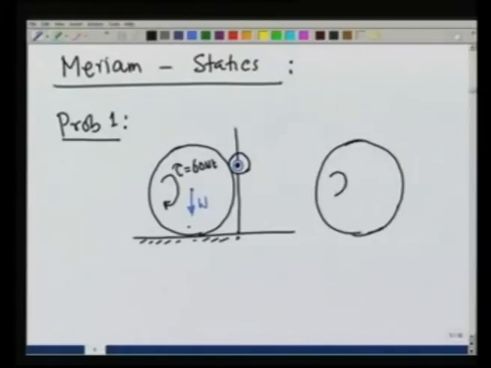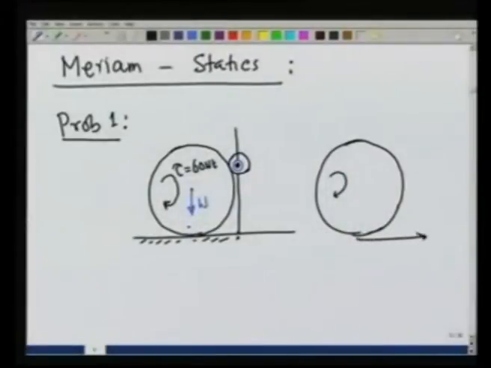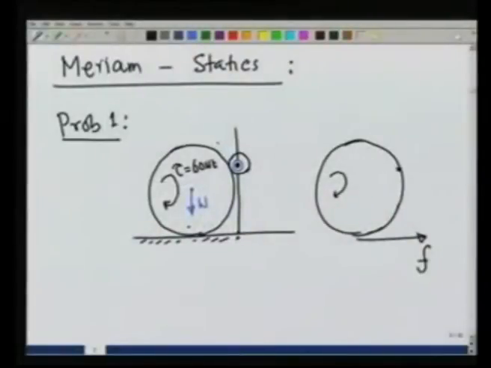There is a torque like this. The wheel would have a tendency to rotate in the clockwise direction, and therefore, there would be a frictional force generated like this. The other force would be provided where the roller is touching the wheel. What about the direction of this force? Since the roller is free to move, there cannot be any force in the horizontal direction like this.